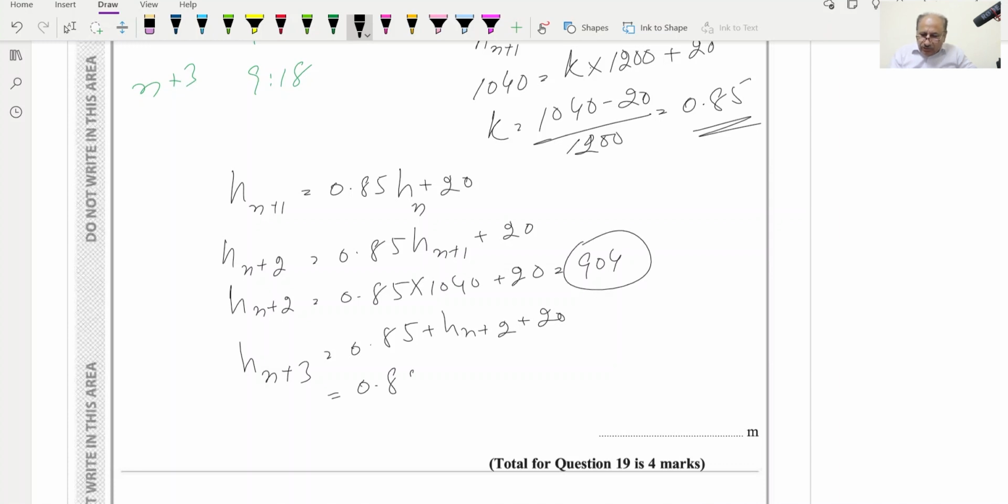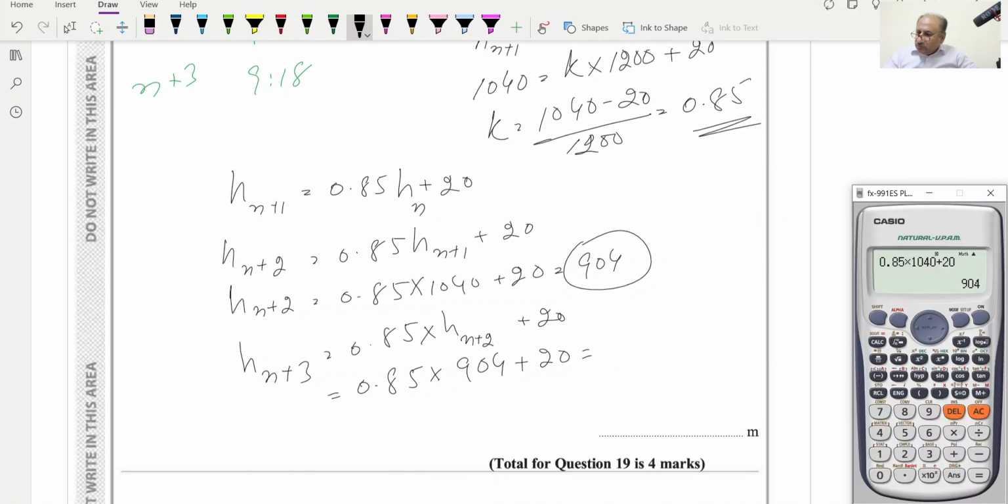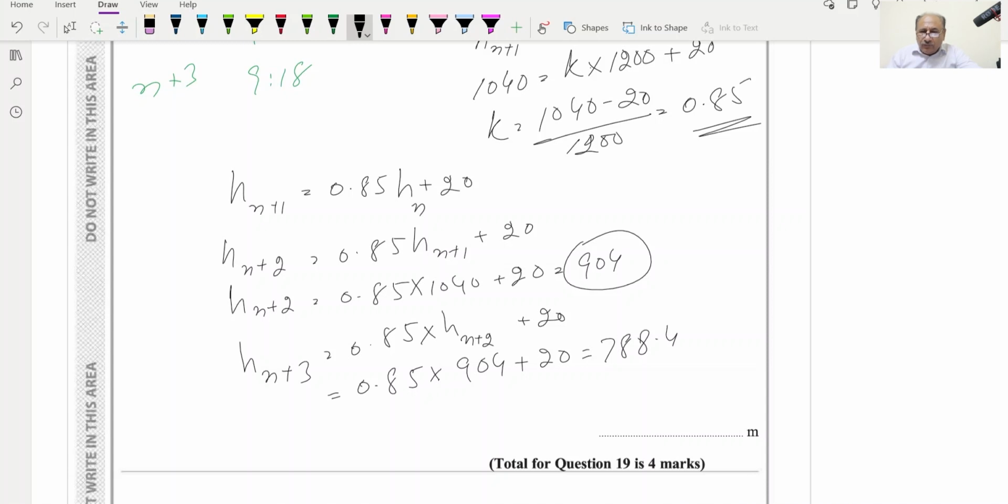So multiply 0.85 by 904 and plus 20, and this will result in 788.4. This will be our final answer for this question.